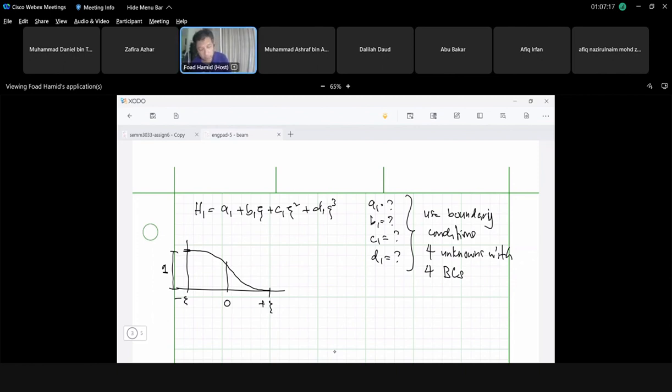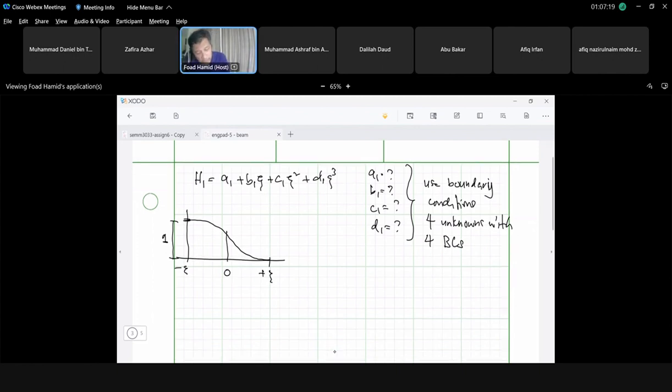So we know that our H1 at z equal to minus 1 is equal to A1 plus B1 times minus 1 plus C1 times 1, because minus 1 squared is just 1, minus D1, because it is to the power of 3. So this must equal 1.